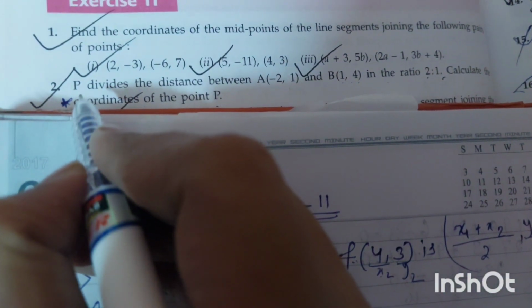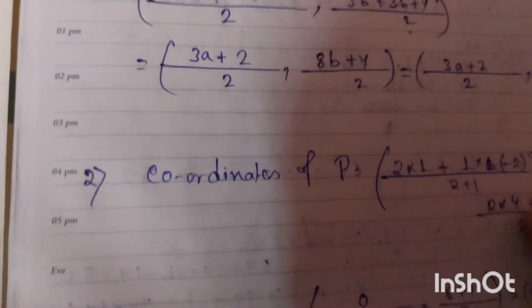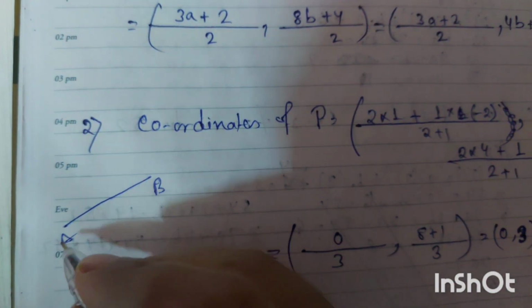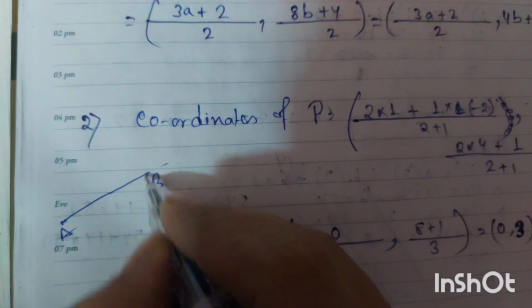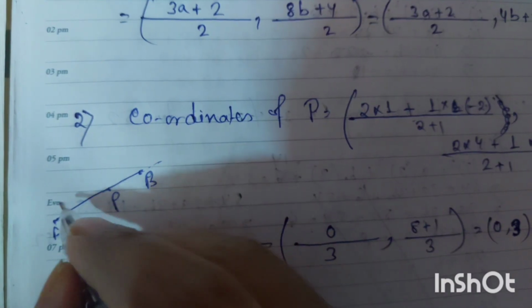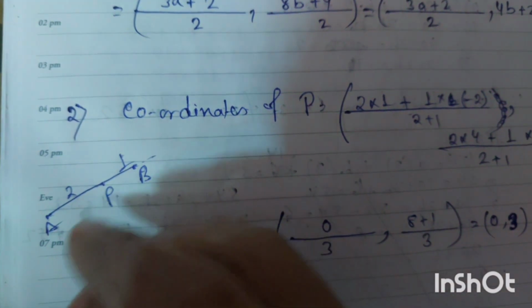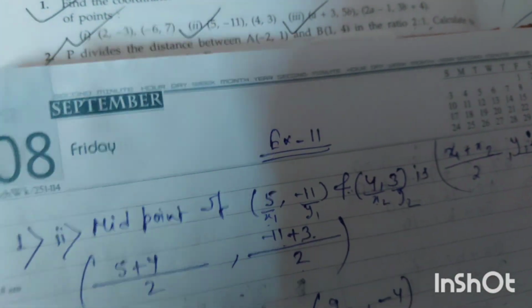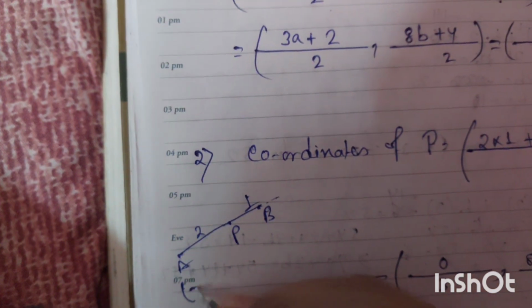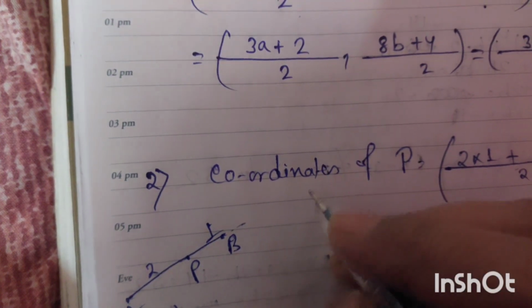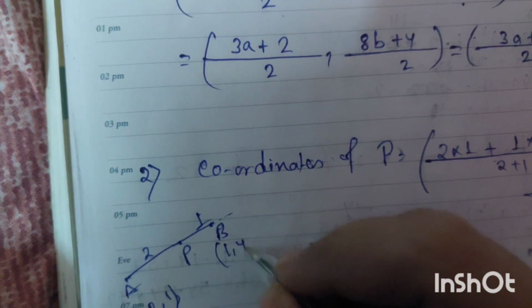Suppose A and B are these 2 points, and P is the point which divides this line in the ratio 2:1, and the coordinate of A is minus 2, 1, and the coordinate of B is 1, 4.